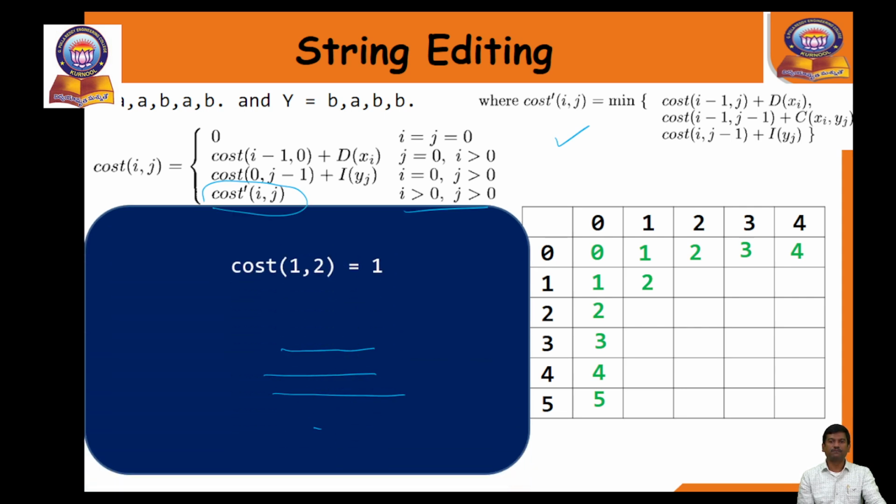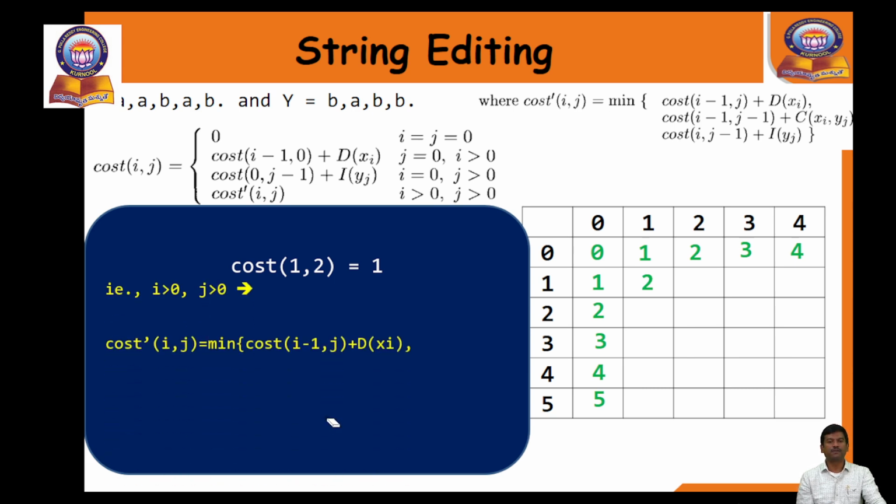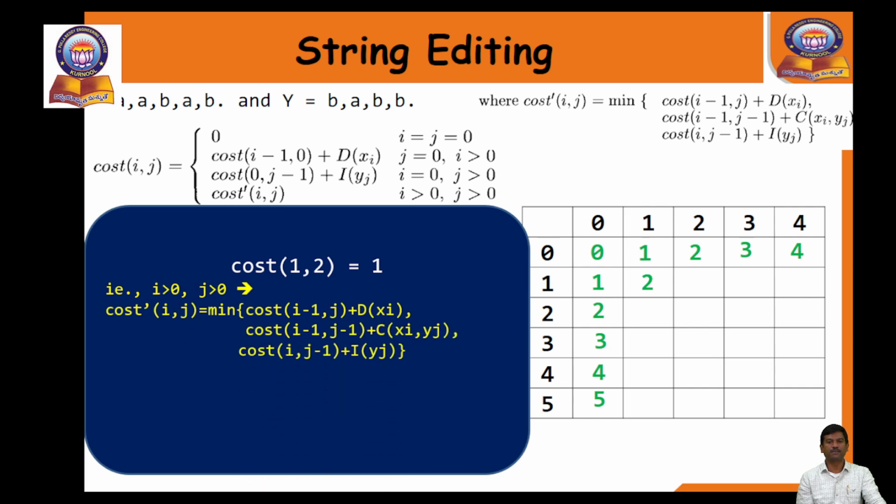In the same fashion, find the cost of 1 comma 2. That is i is greater than 0 and similarly j is greater than 0. That is why you need to compute cost dash of i comma j, which equals the minimum of cost of i minus 1 and so on.